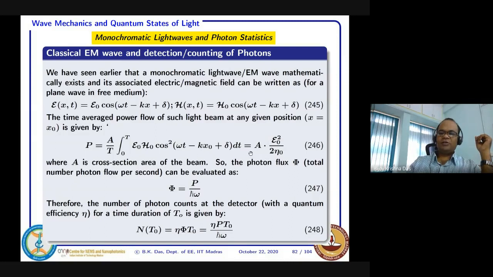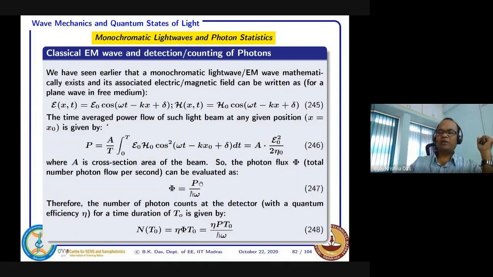Now, again, we ask how a single photon is detected in the photodetector. We can say that the photon flux means the total number of photons crossing in the beam per second. The area is known. So the photon flux is the intensity multiplied by the area, the total power, as we have already discussed earlier.